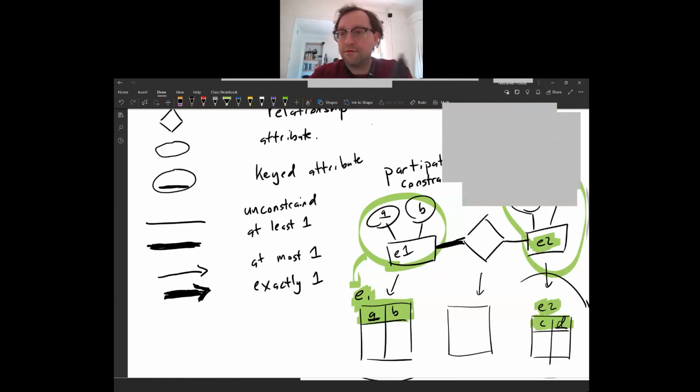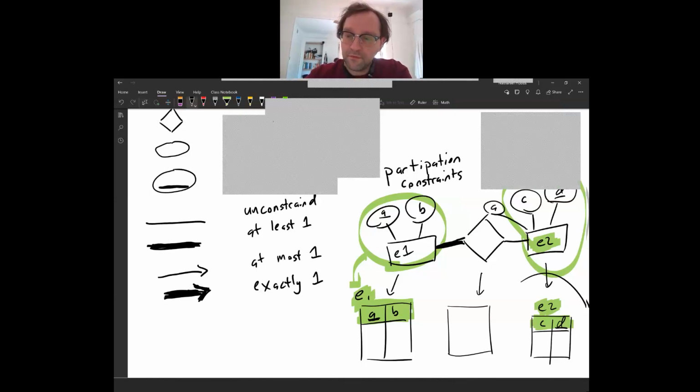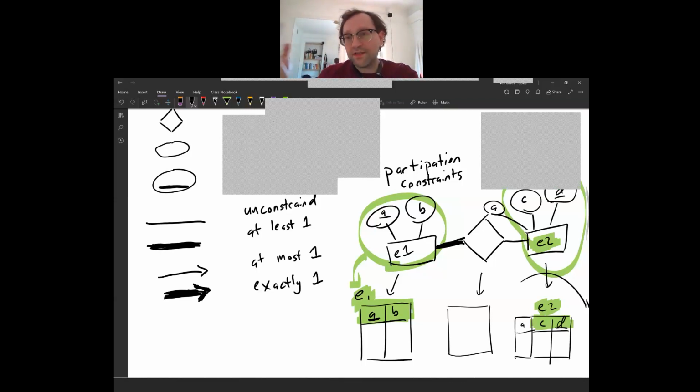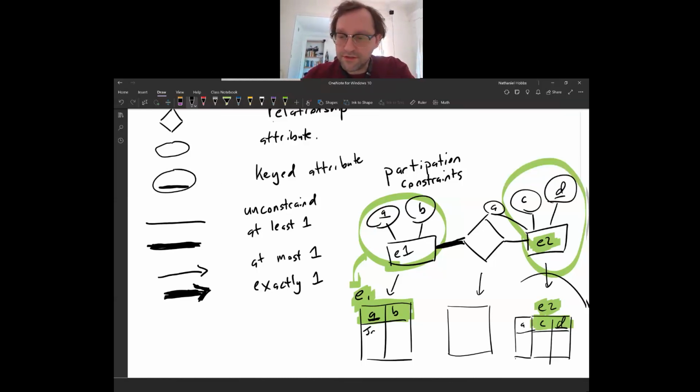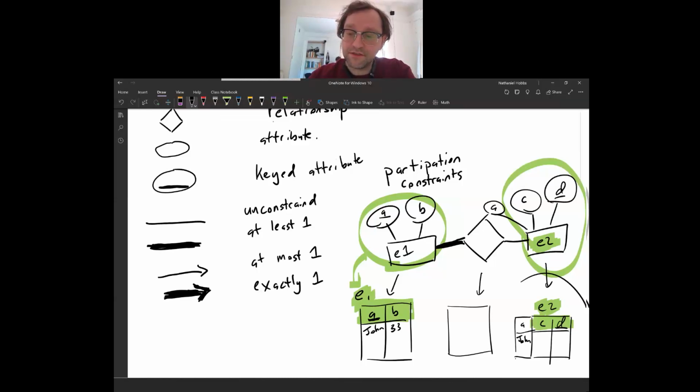I'll add another one here, A. Okay, so imagine A is like name. I don't know, John. And now here John also appears. And this is his age. And this is his address and, I don't know, car type.